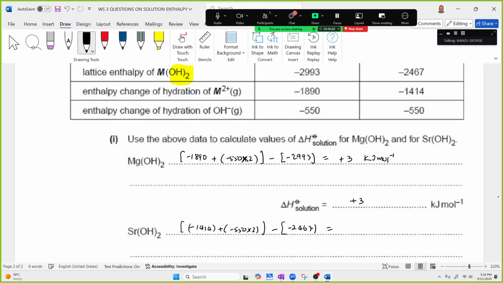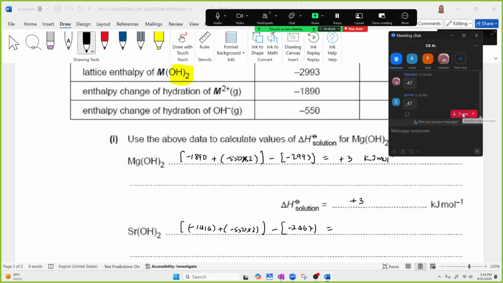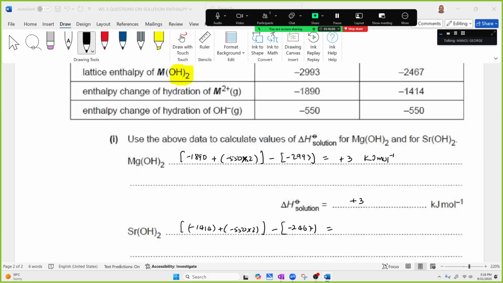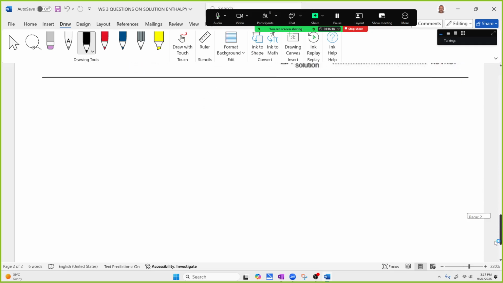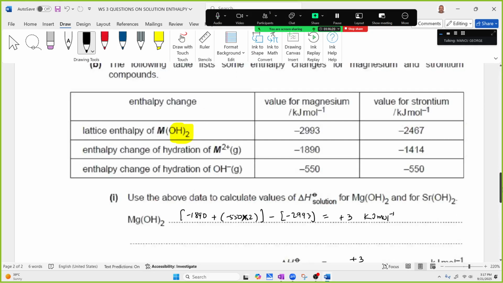Anyone confirming how much is this? Are we getting minus 47? Very good. Okay, correct. Okay, so everyone is comfortable. No one has any problem about the calculation. Oh, well done. Okay, that's the end of it.